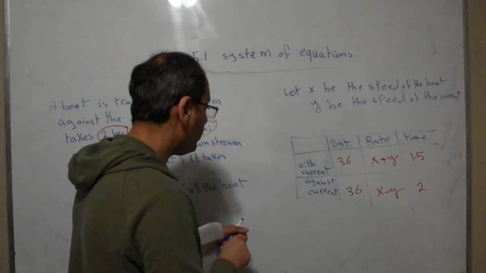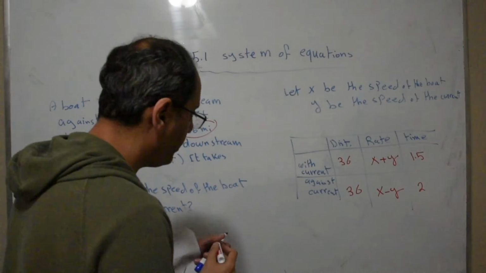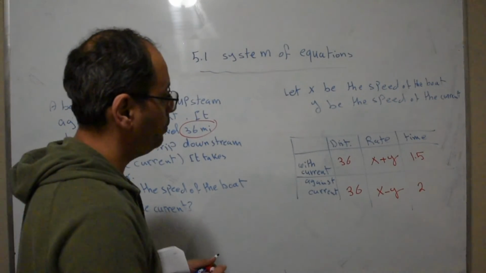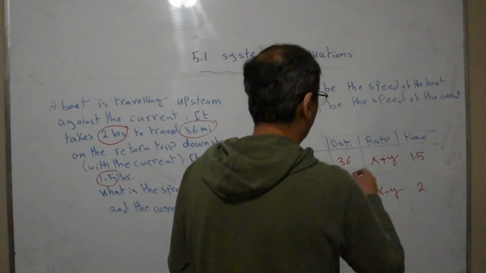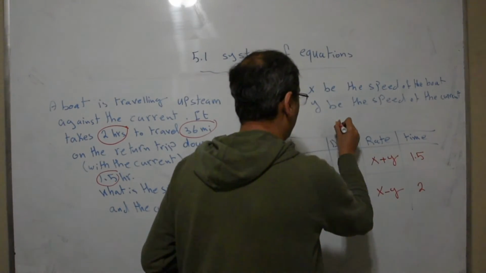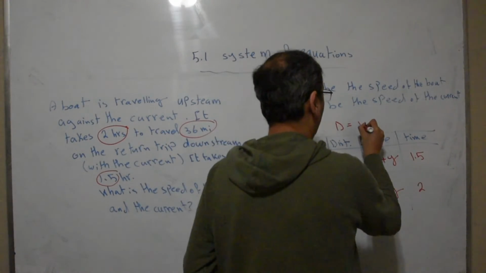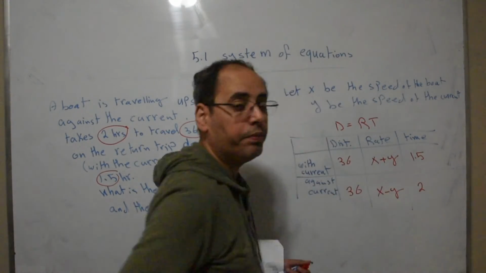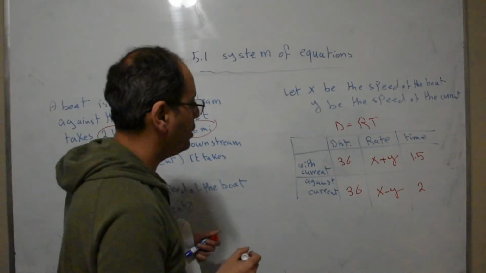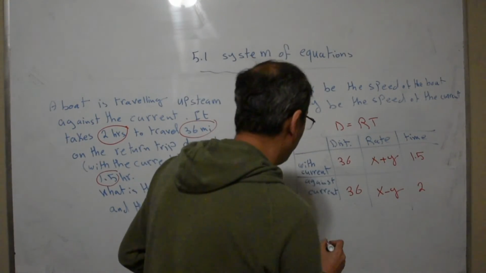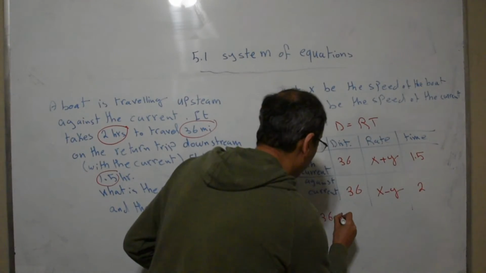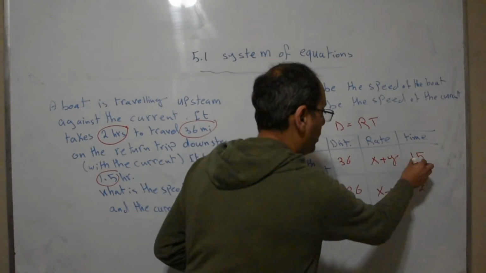Now, I'm going to write my system. I know that the distance is rate times time, d equals rt. Okay, so my system is like that. 36 is this times that.